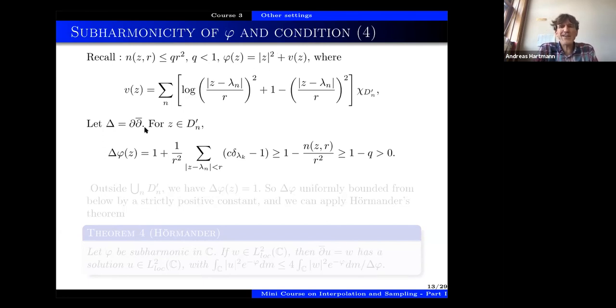I compute the dd bar of this: mod z squared is z times z bar, so dd bar of this is 1 times 1, which is 1. This comes from z squared. And then I have to compute the d bar of this expression, which will give you some positive constant and a Dirac mass in lambda n.